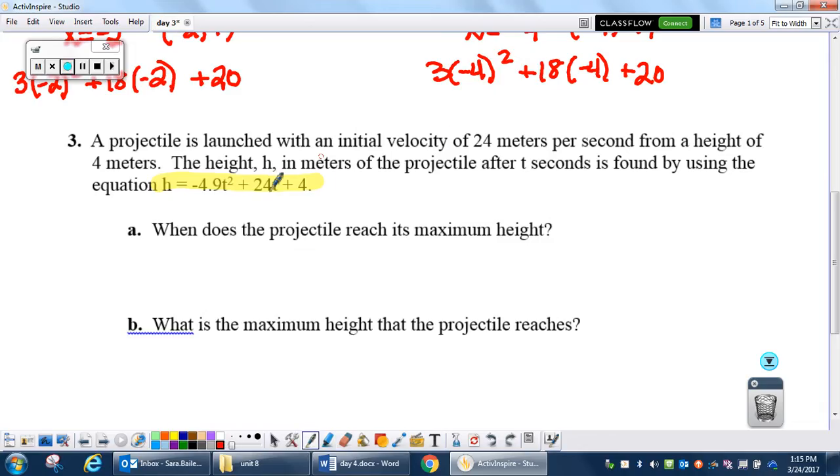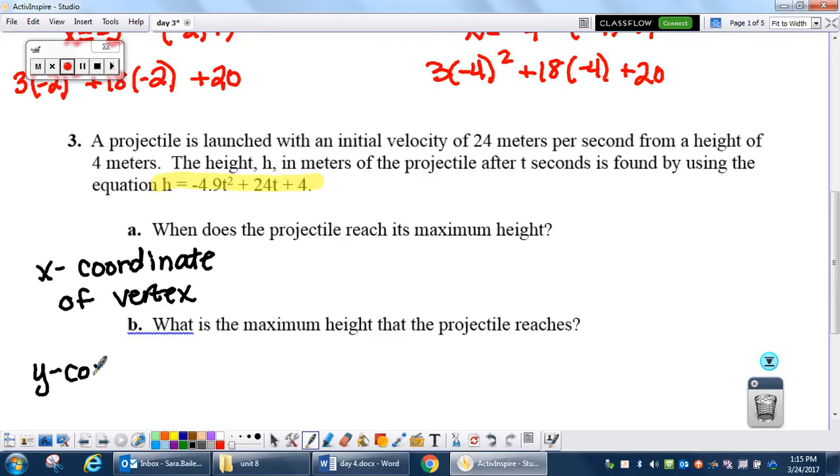So that's going to be the x-coordinate of the vertex, if you want to write that down. X-coordinate of vertex, and then what that height's going to be is going to be the y-coordinate of the vertex.